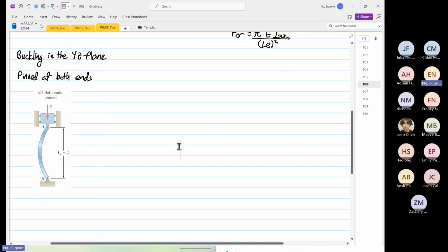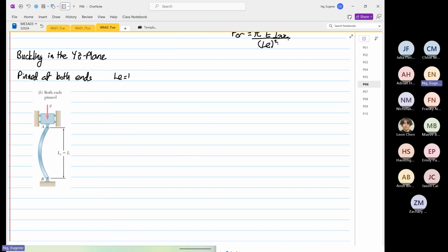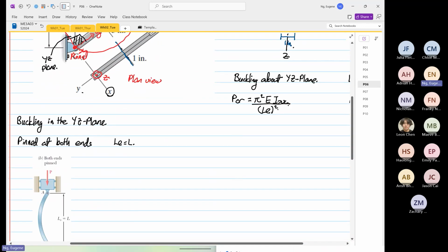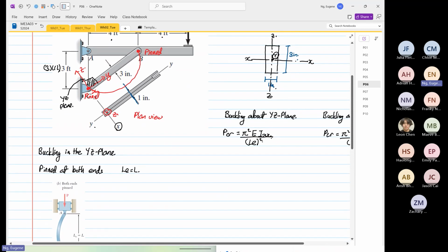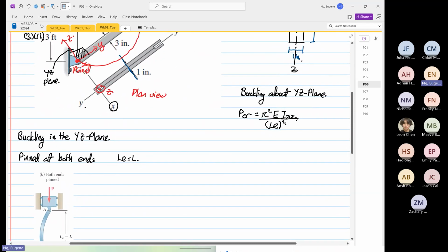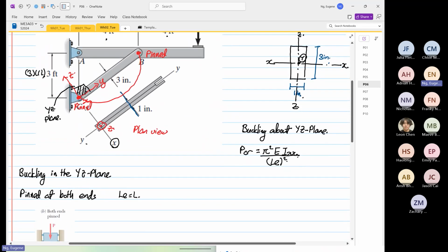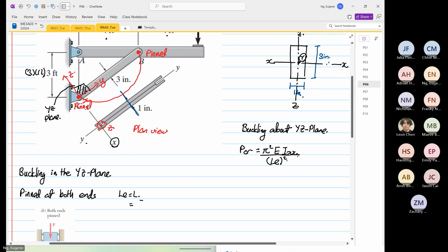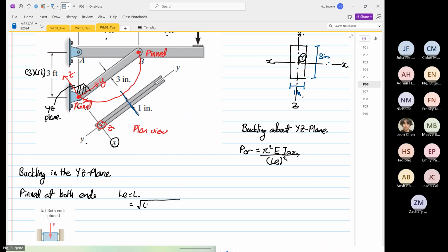So when that's the case, LE is equal to L. Okay, LE is equal to L. So our length over here is equal to what? Is equal to square root of 3 times 12 squared plus 4 times 12 squared, and then we square root both ends.